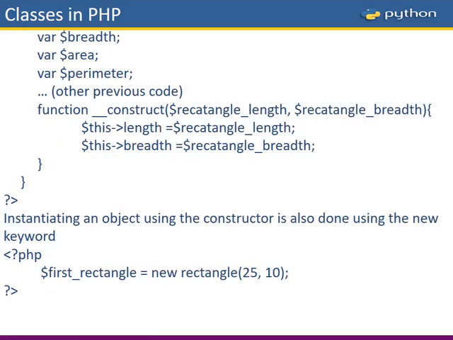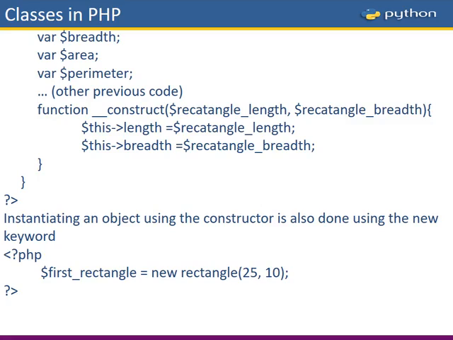It can be written in this form. So with the properties, the variables, we have the function with the constructor, and the variables $rectangle_length and $rectangle_breadth. Then we have the methods, so we calculate the function area and perimeter, and the functions for length and breadth.